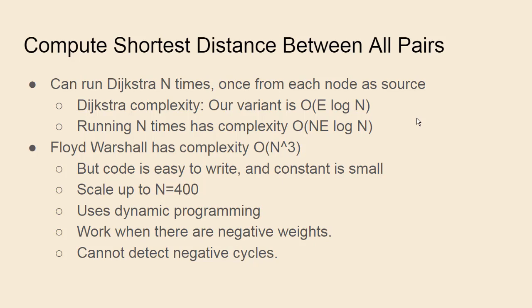So when there is a negative cycle, there isn't such a thing as a shortest distance. Typically, you will just detect that and report that. Floyd Warshall cannot detect it. When there isn't a negative cycle, but there are negative weights, Floyd Warshall remains correct. To deal with negative cycles, we have to use the Bellman-Ford algorithm.